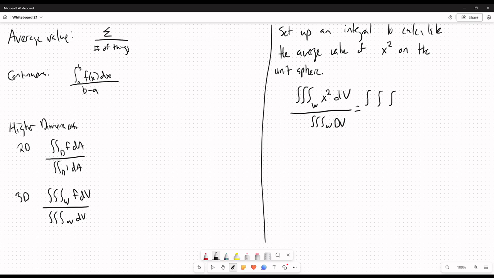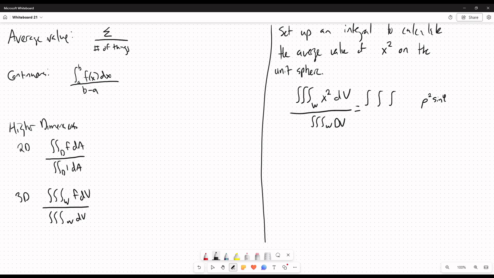Our Jacobian is going to end up just turning into rho squared sine of phi.